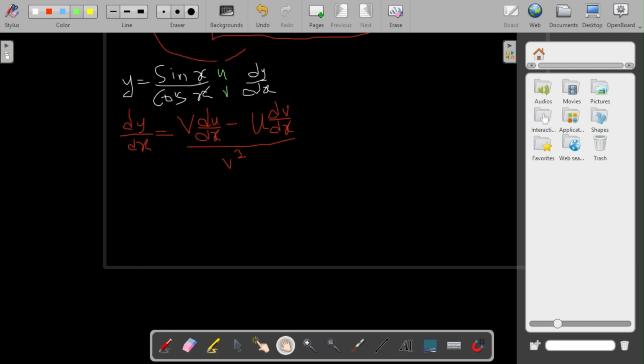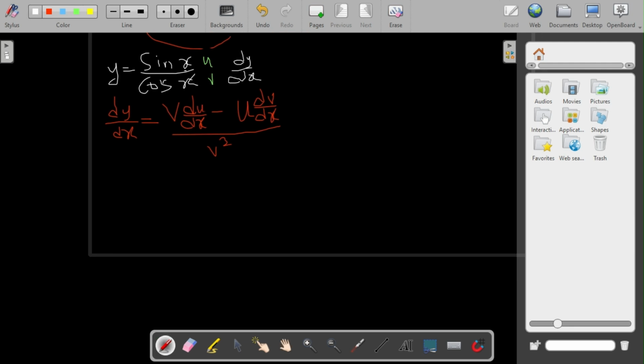So dy/dx equals, what's your v? Your v is cos x. Don't always forget to put your brackets. Now, what is u? Ordinarily, u is sine x, but right here, what we are having is du/dx. So we have to differentiate sine x from the standard derivatives. If you differentiate sine x, you're going to get cos x.